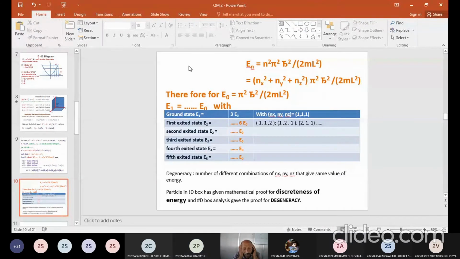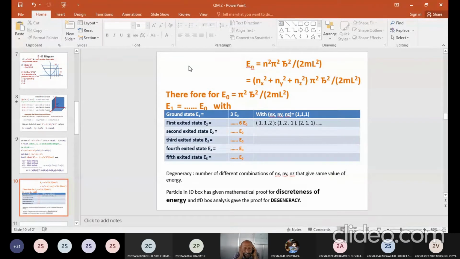Now, from the ground state to the second excited state, what are the total number of energy states available, where the particle can exist?